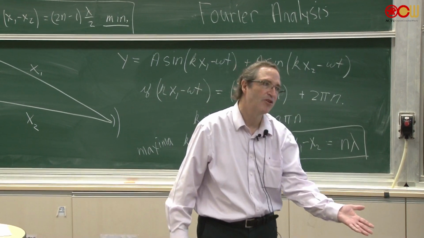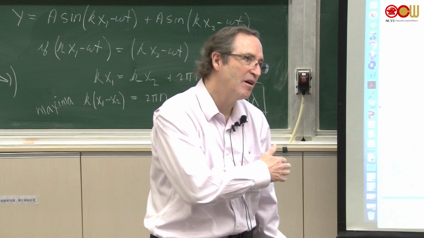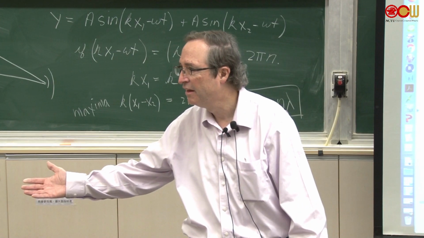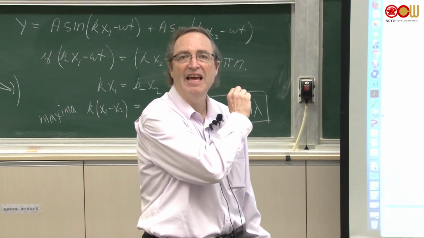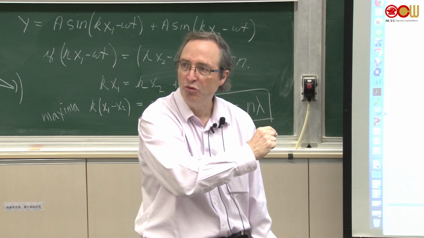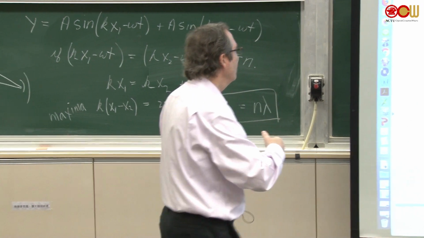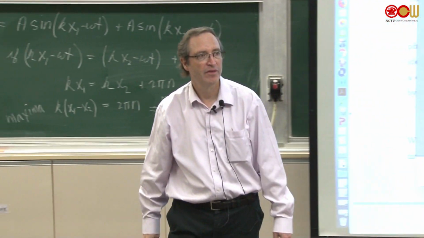So some of the lambdas will be minima, some will be maxima, some will be somewhere in between. So you need to have a pure sound. Notice this is a pure sound, right? It's one tone. All right? So this is an example of interference.